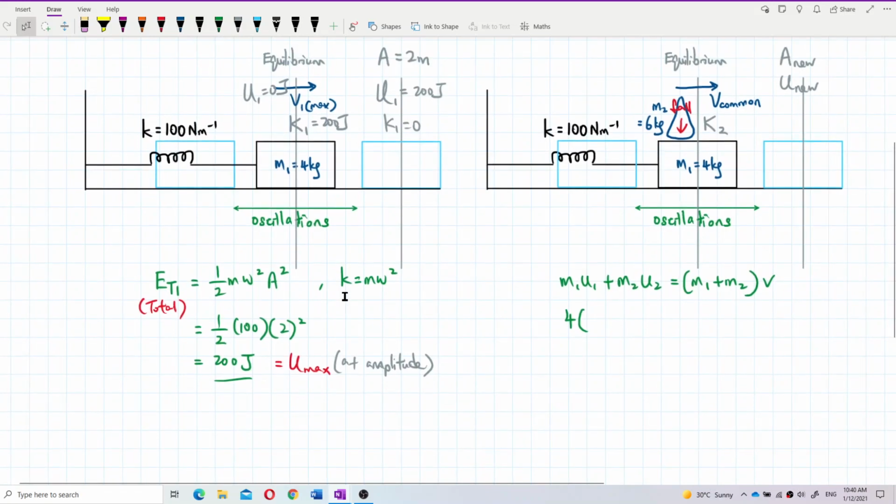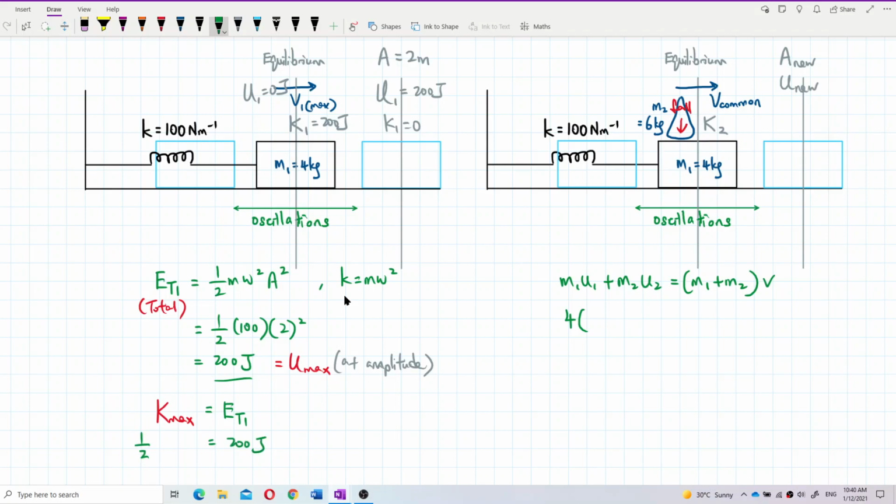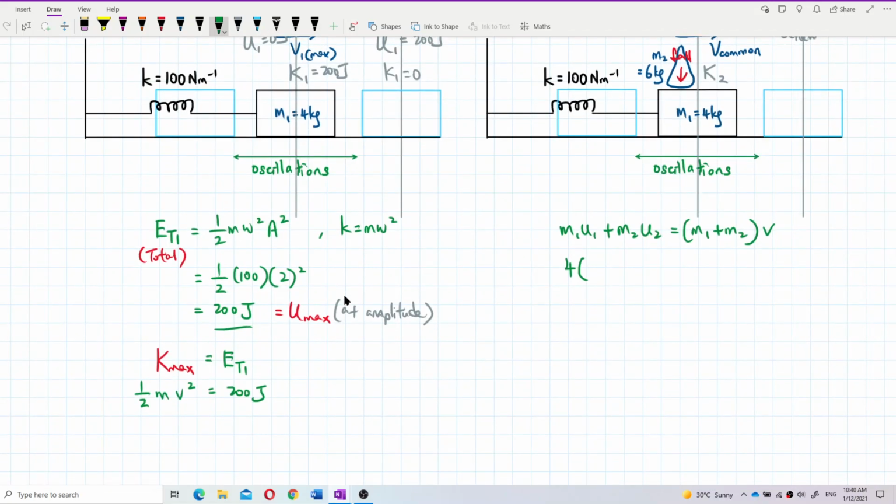So we can say that the K maximum is also the total energy, which is the 200 joule, right? So we can find out the velocity, half m v square. That is the maximum velocity. This is only for mass 1.